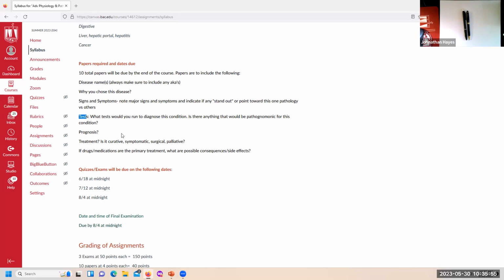You would do something called a Schilling test. If you're doing Hodgkin's versus non-Hodgkin's lymphoma, there's a very specific test to look at these very specific cells. If there's leukemia, obviously you can get that from a CBC, but you could also look at the cells that pop up in the smear. So what test would you run to diagnose this disease?